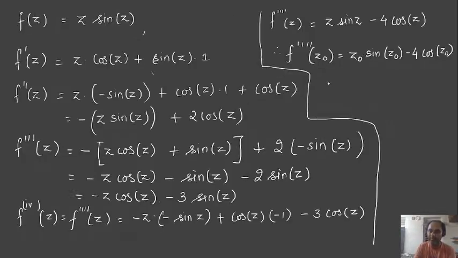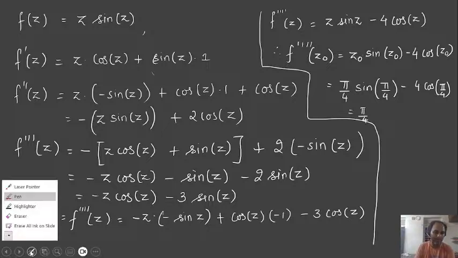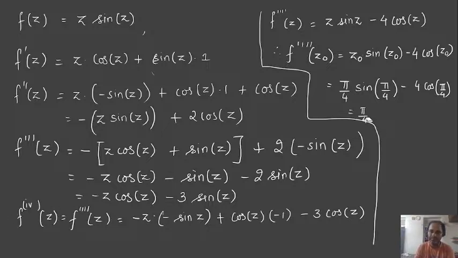So here it will become pi by 4 sine pi by 4 minus 4 cos of pi by 4. Now pi by 4 will remain pi by 4 only outside, that is not going to change.